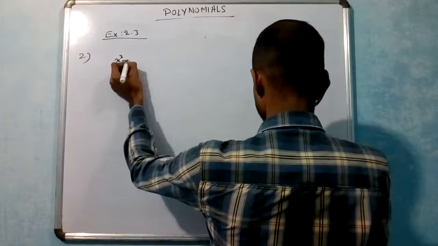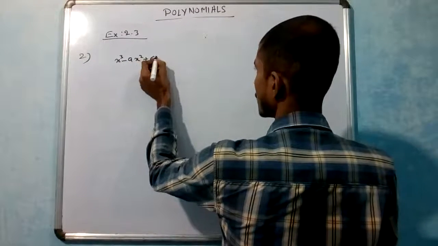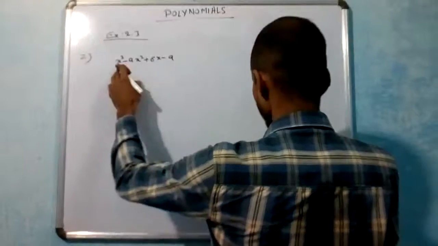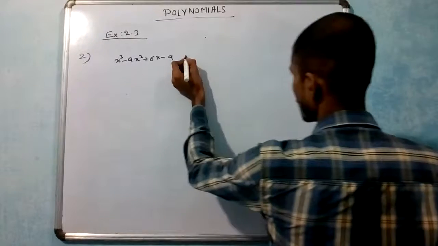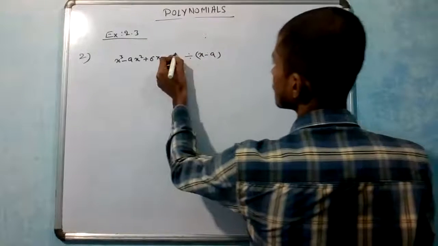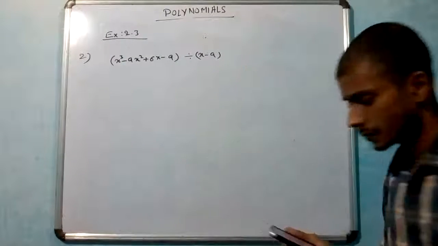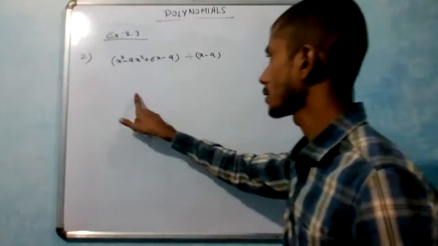x cube minus ax square plus 6x minus a is divided by x minus a. Okay, no problem, we are going to finish in just a few minutes.